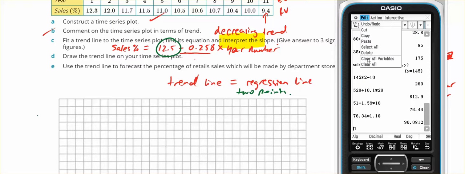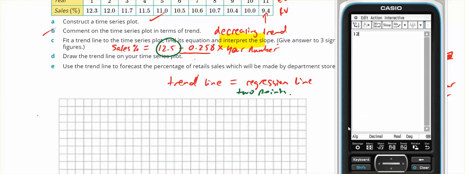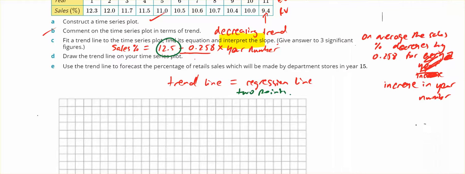So I'll go clear all. 12.5 minus 0.258 times 11. We're predicting what the sales percentage is at year 11, based on our regression line. So it's 9.662. Okay, so 9.662.